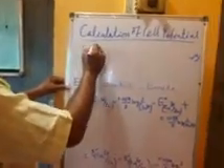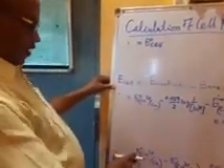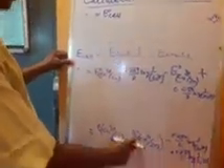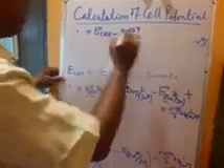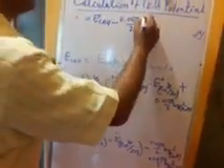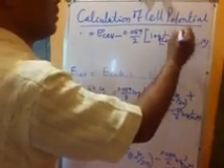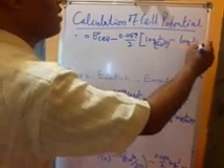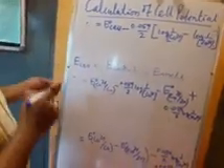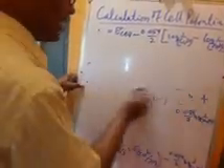Now here it will be equal to E naught cell, E naught cathode minus E naught anode, minus, taking 0.059 by 2 common, log 1 by Cu2+ concentration minus log 1 by Zn2+ concentration. Now log m minus log n, we know, is equal to log m by n.